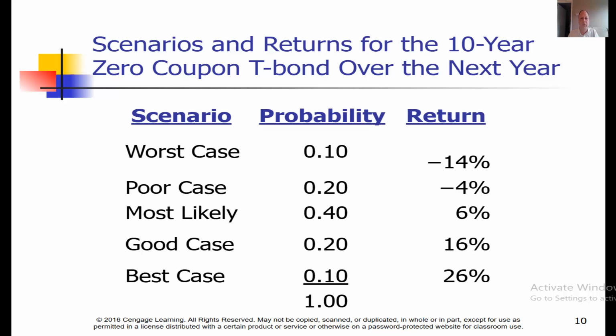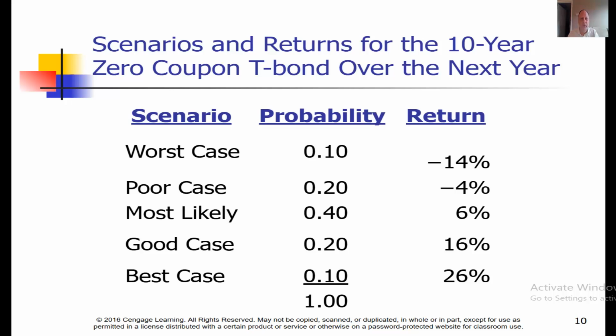Here is a statistical example. So scenarios and returns for the 10-year zero coupon treasury bond, long-term government debt, over the next year. So if inflation goes up a lot, the bond might drop. If inflation goes down and we enter a recession, the bond price could go up.